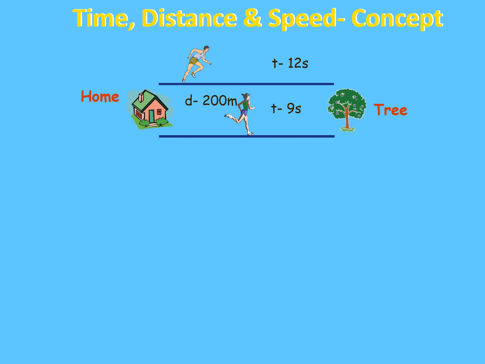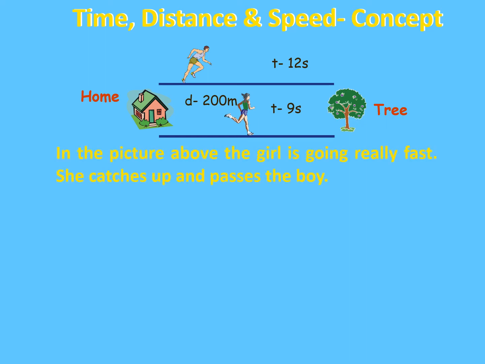Now, if you look at this one, they have the same distance to cover, but they have different times. So how do you describe this concept? First, in the picture above, the girl is going really fast.